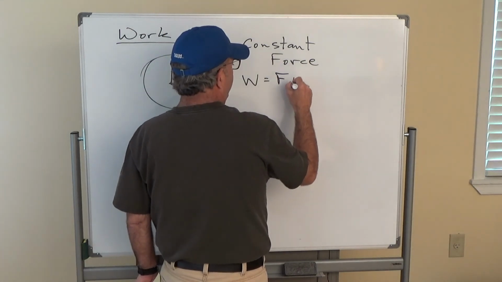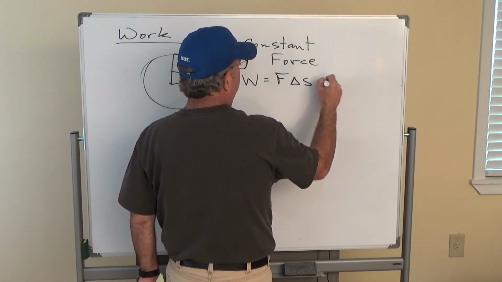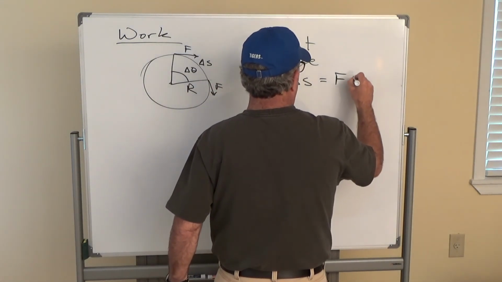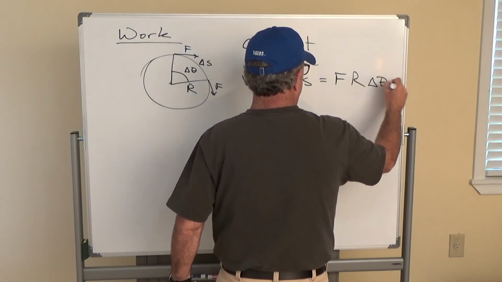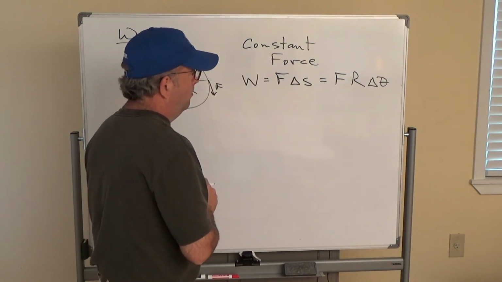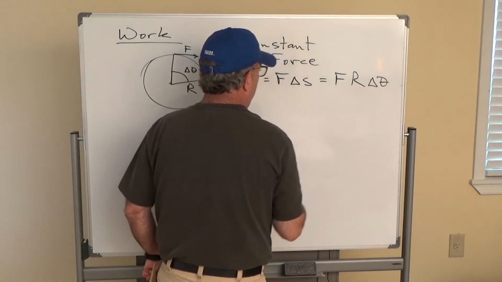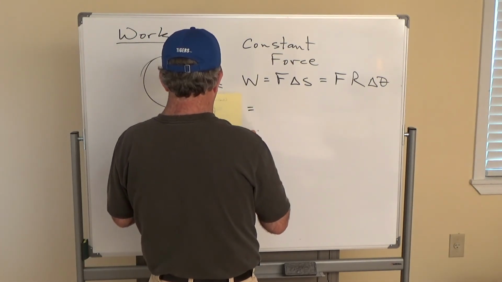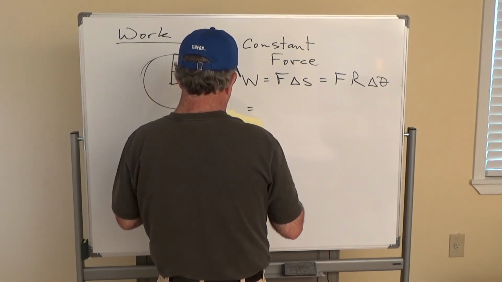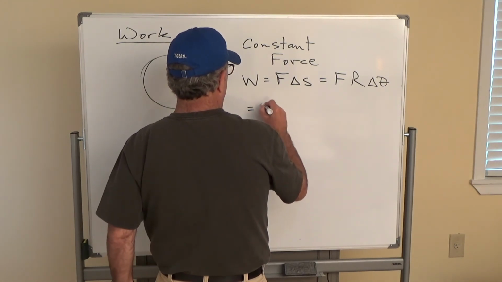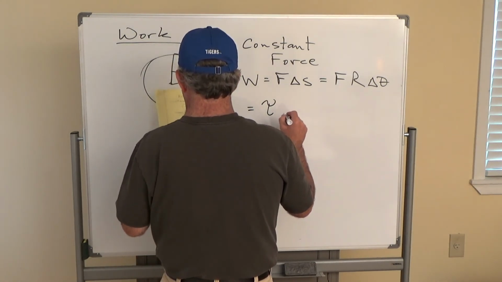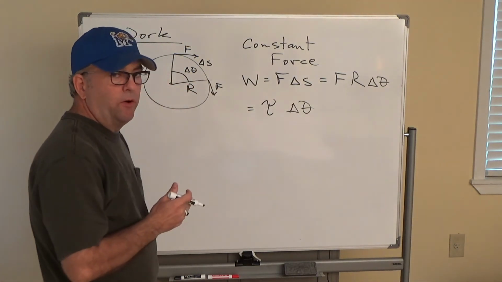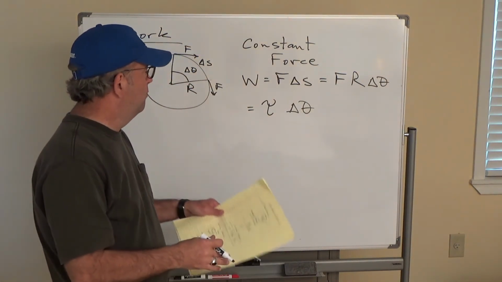So that's F delta S, and that is equal to F R delta theta, because delta S is R delta theta, and this is equal to simply the torque times delta theta. That would be for a constant torque, a constant force.